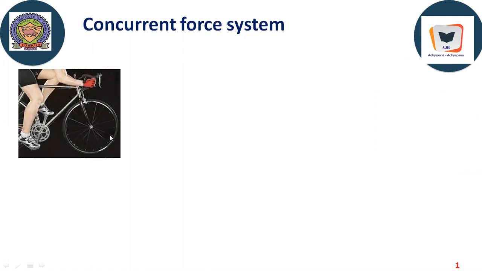It could be the forces in the spokes of a bicycle radiating in several directions, all around 360 degrees, acting at the hub. The weight of a traffic signal and the wires used to hang the same, maybe atop the middle of a junction of roads.